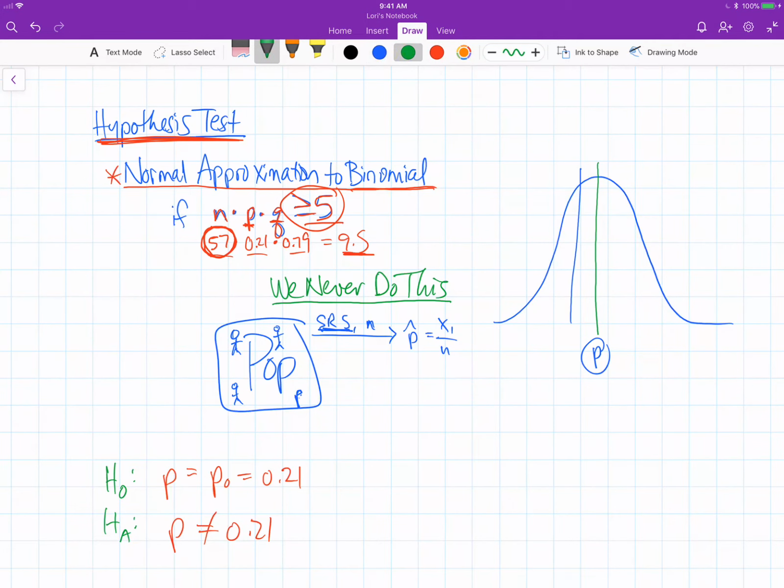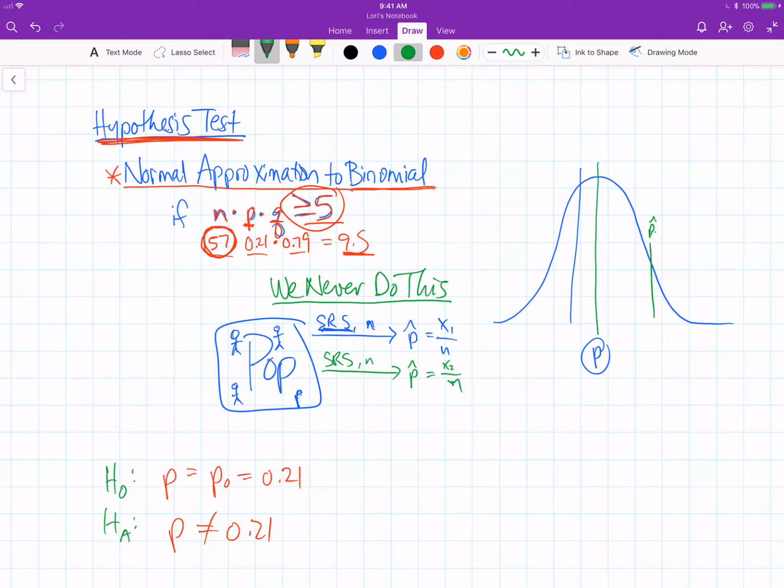Let's just imagine then that we take another sample, and it's a simple random sample, size n. This one, just by randomly selecting 57 people, we might get a different proportion, and that's going to be equal to the number in that sample who are smokers divided by the n. And just for demonstration, let's go ahead and put that here.